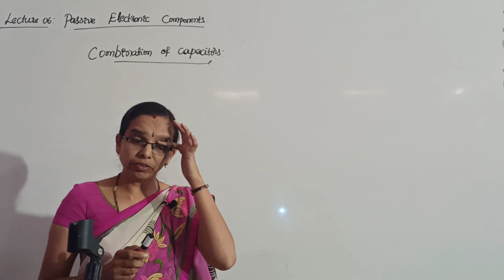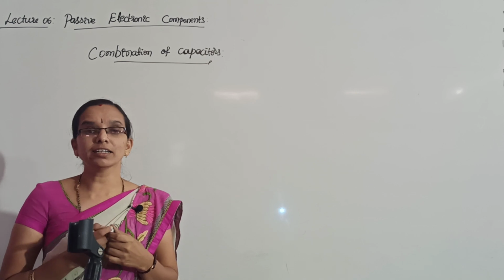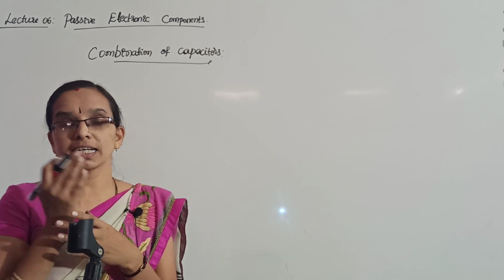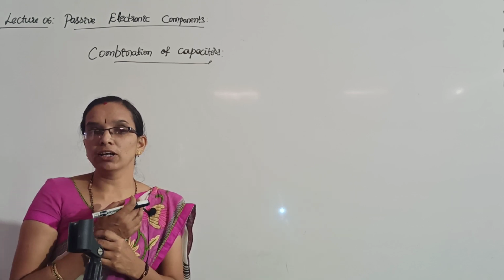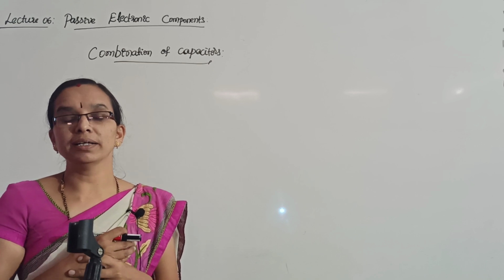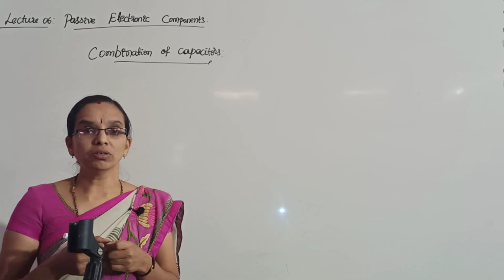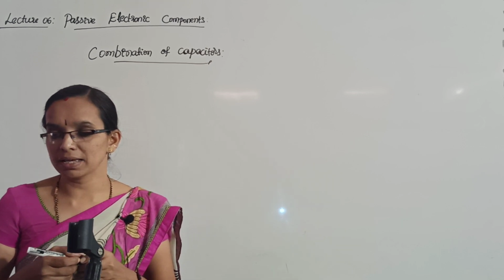When we want to get a desired value, what will we do? We will combine the capacitors. Whenever we studied resistor combination, in that we wanted to get a desired value of resistance, so we combined the resistors and connected them in the circuit. In the same way, we will do combination of capacitors to get the desired value of capacitance.